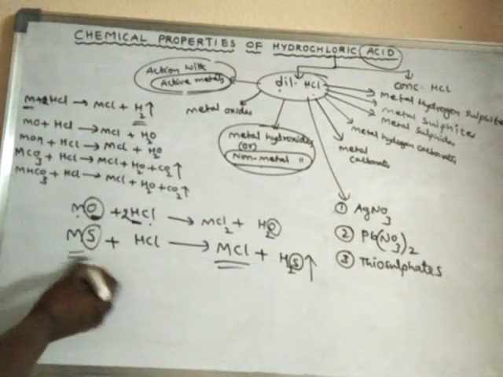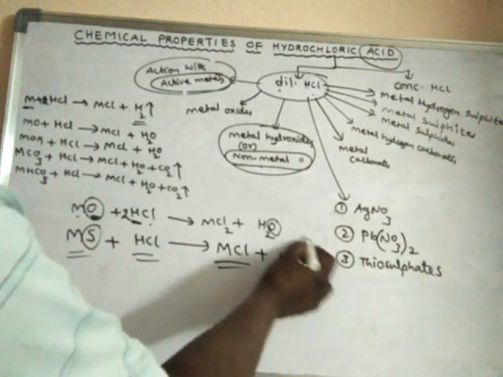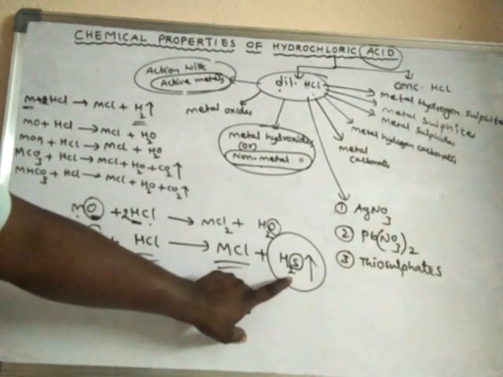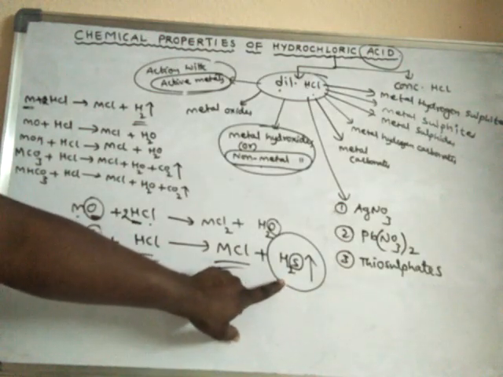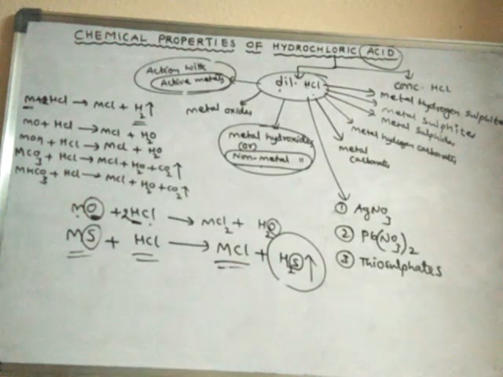Whenever metal sulfides react with dilute hydrochloric acid, hydrogen sulfide is released. It smells like a rotten egg, a very unpleasant smell, along with the formation of metal chloride.